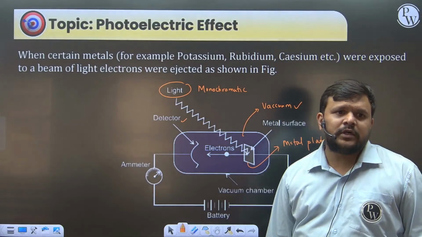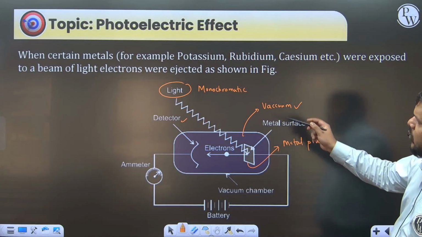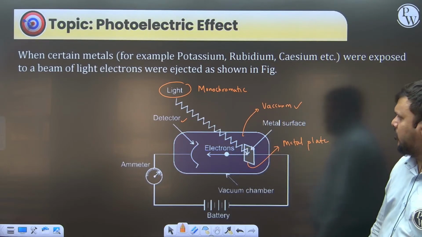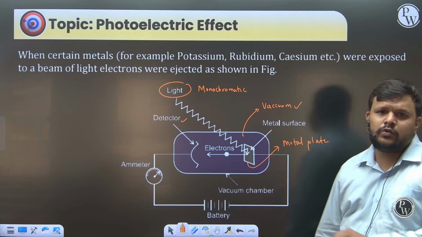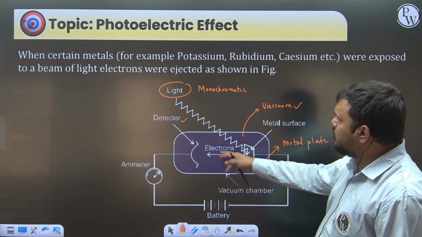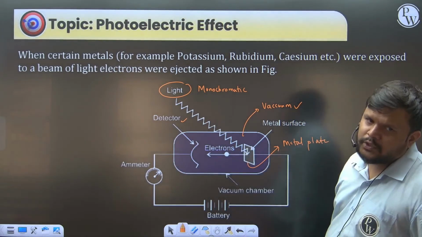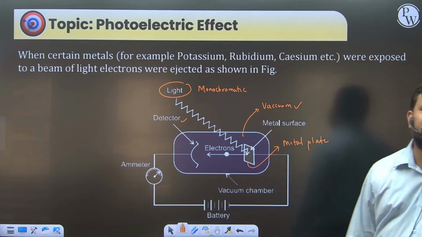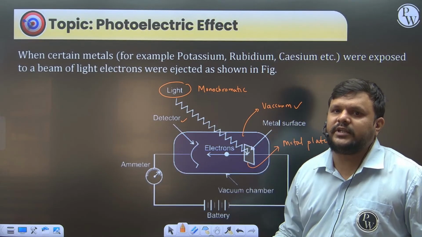So what was the observation during this photoelectric effect? See, a monochromatic light of very low frequency was initially incident on this metal plate, and what was seen? No electrons were ejected. There was no ammeter reading over here. The detector also said nothing. So when a very low energy or very low frequency photon was incident on the metal plate, no electron was ejected.